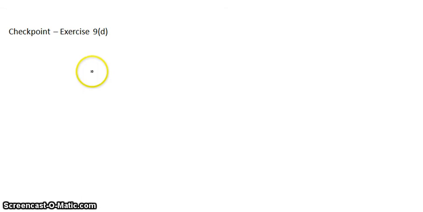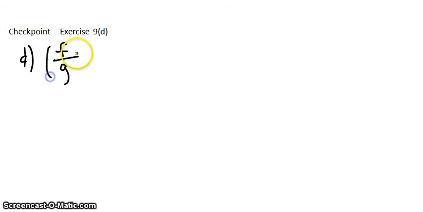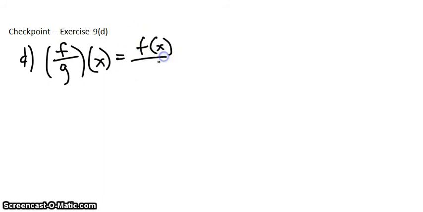The last one asks us for whatever f divided by g of x is. If we're dividing the two functions, we're taking f of x divided by g of x. Now, in the previous video, I had a fairly complicated one.